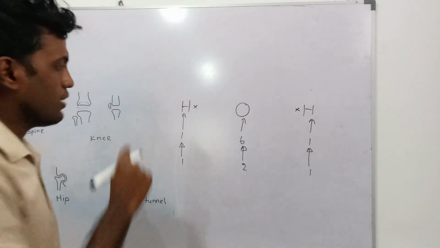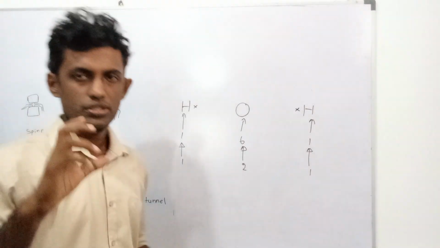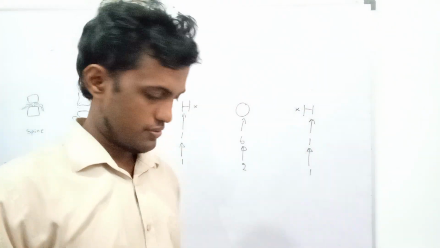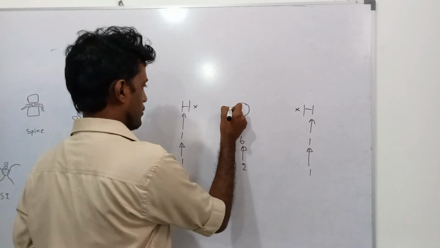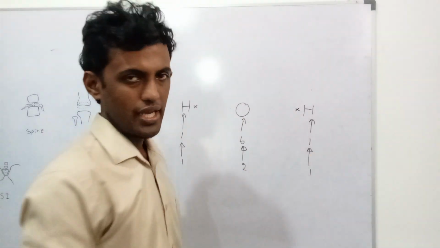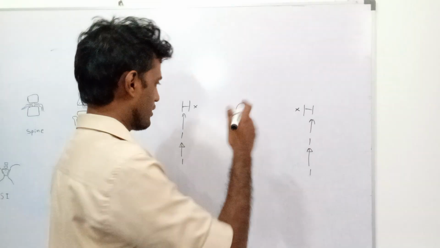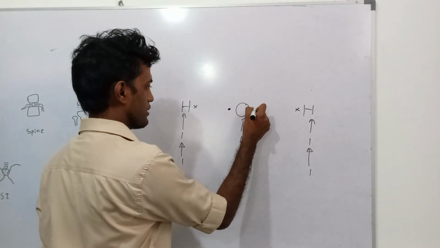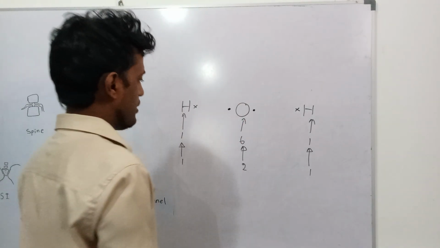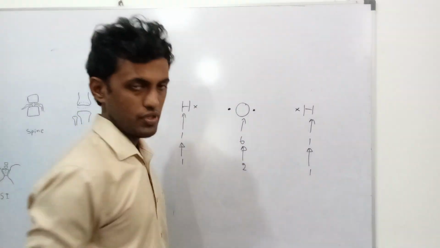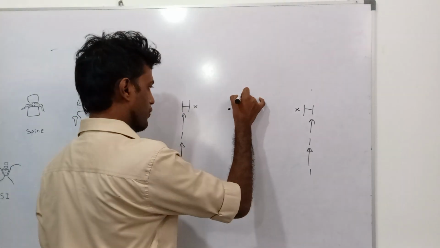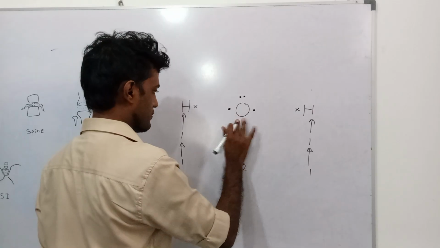Oxygen needs 2 electrons, so 2 electrons need to be shared. Then the 2 hydrogens are expecting electrons, so equally you need to share like this. And in the last energy level, there are 6 electrons, so you need to mark the other 4 like this.